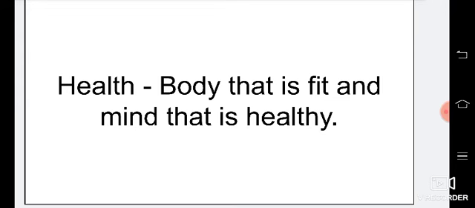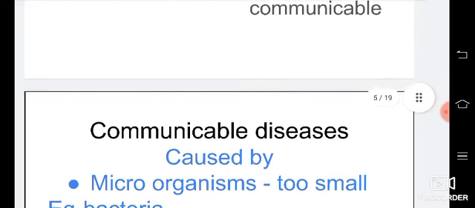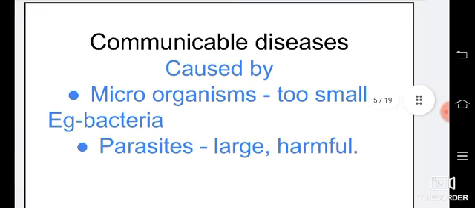Okay, usually diseases are classified into two categories, that is communicable and non-communicable. As you all know, communicable diseases are spread from one person to another. Non-communicable diseases will not spread from one person to another. Okay, then coming to the communicable diseases, these are caused by microorganisms.